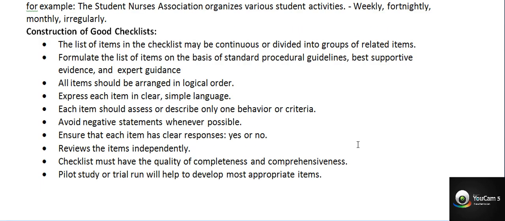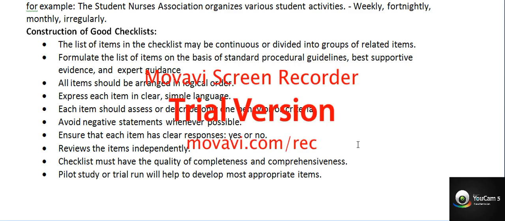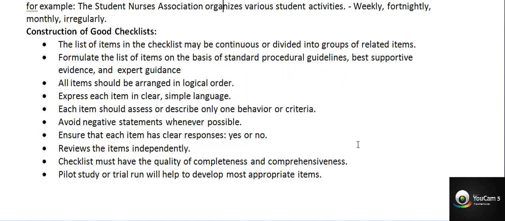Each item should be divided into groups, but it should be a continuous one. The list of items should follow the standard procedure guidelines, expert guidance or evidence based practice. All items should be arranged in logical order.